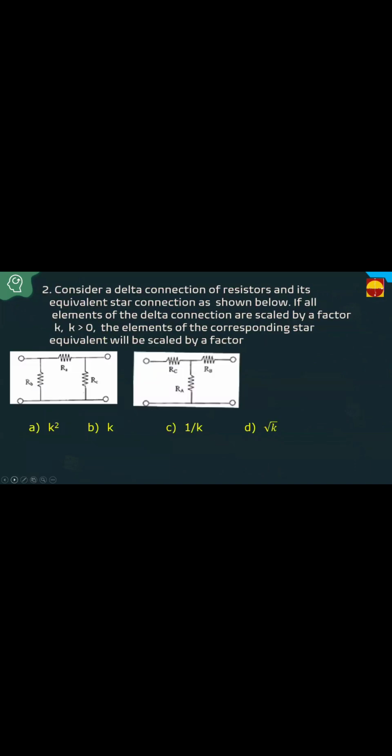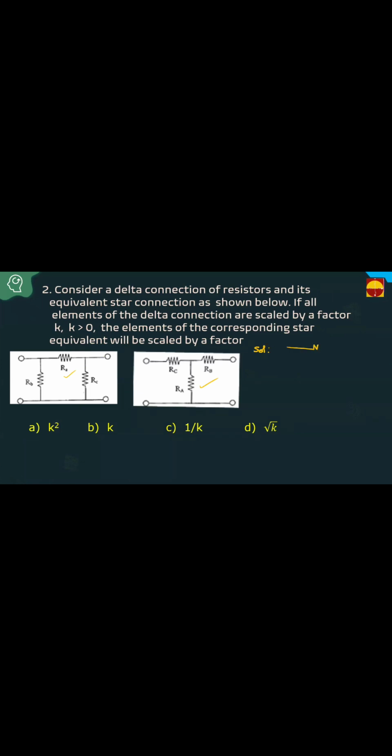Can anybody answer? Consider a delta connection of resistors and its equivalent star connection as shown. If all the elements of the delta connection are scaled by a factor of k, the elements of the corresponding star equivalent will be scaled by a factor. This is the delta connection and this is the star connection. For example, I'm drawing like this for easy solving.